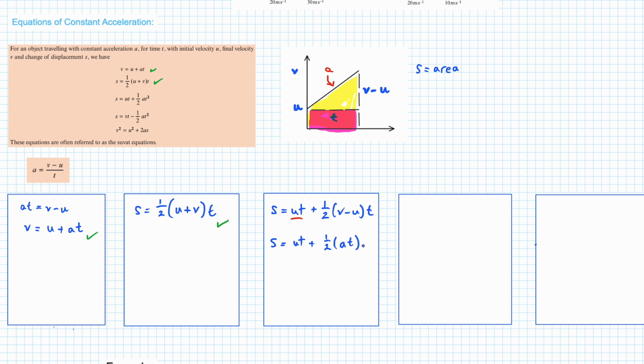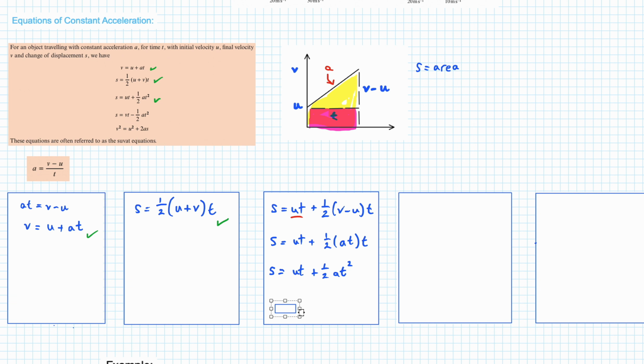So you can replace v minus u with at. And when you multiply that out, you get your formula anyway. So again, you could rearrange that formula of a equals v minus u over t to t equals v minus u over a. And there's little manipulations like that that go along here.